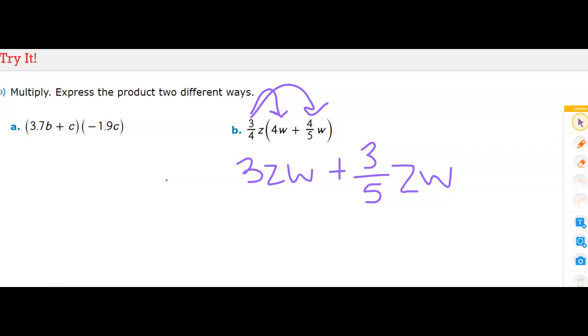And then another way to write it would just be the fraction in the front and then this one in the back. That would be a second way to write that.